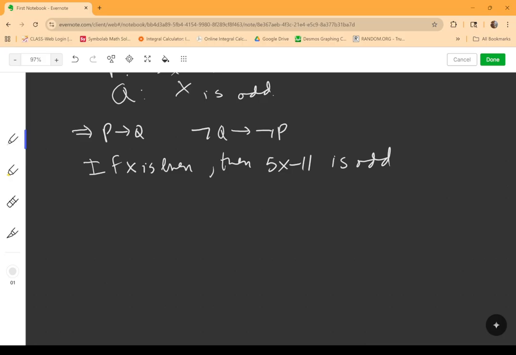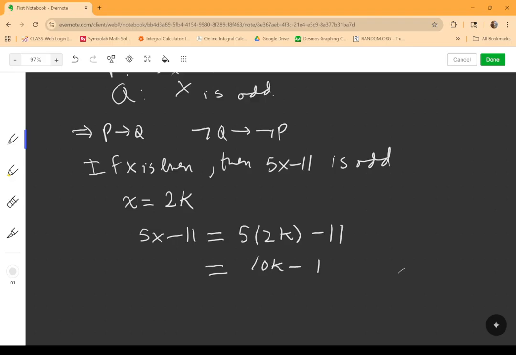So we'll start with our proof. X is even, so x can be written as 2k. Going with 5x minus 11, doing some substitution, that's equal to 10k minus 11.